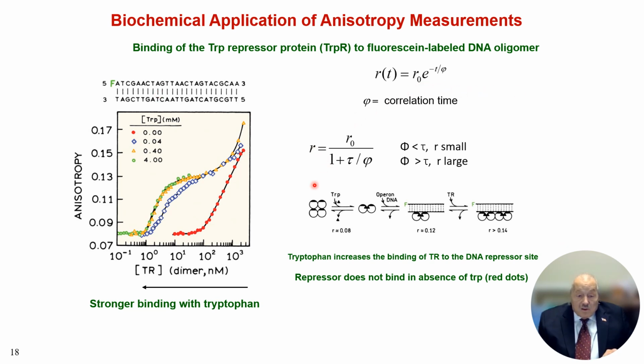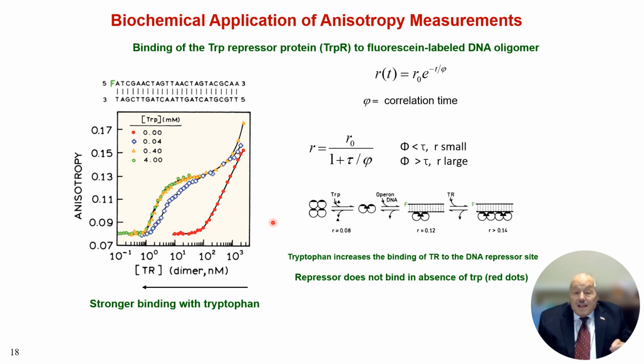So what was looked at here was how is the dimerization of the trp repressor protein related to the tryptophan content.